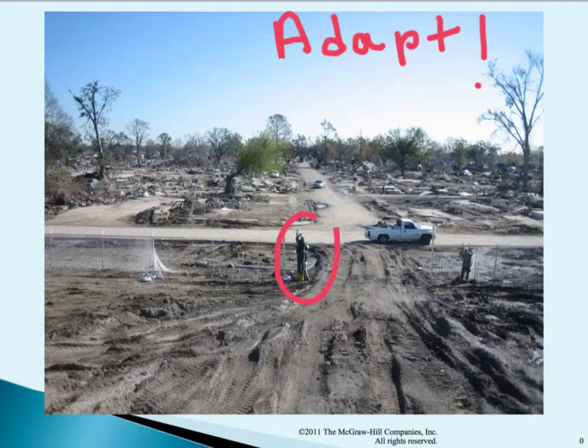Here are some people who are already adapting. Make some notes. What behavior are they doing to achieve the goal of adapting?